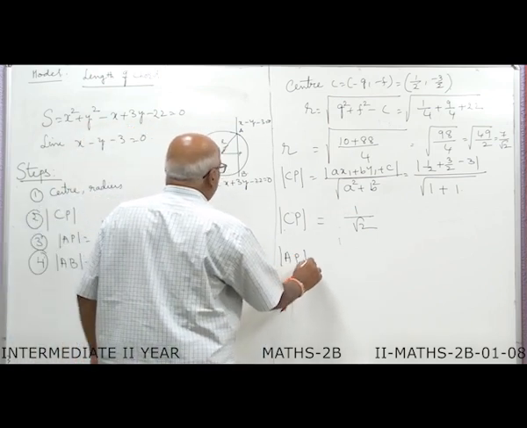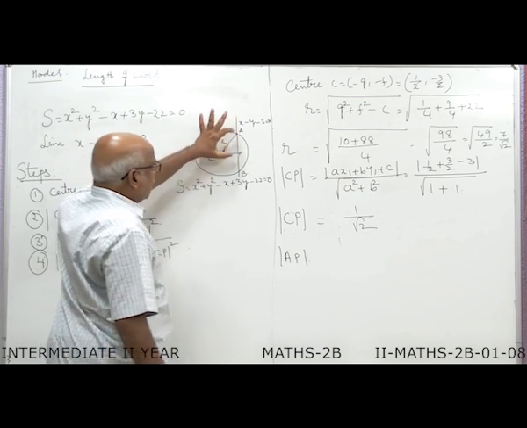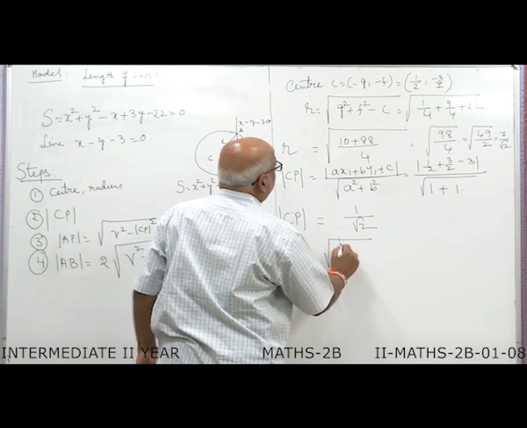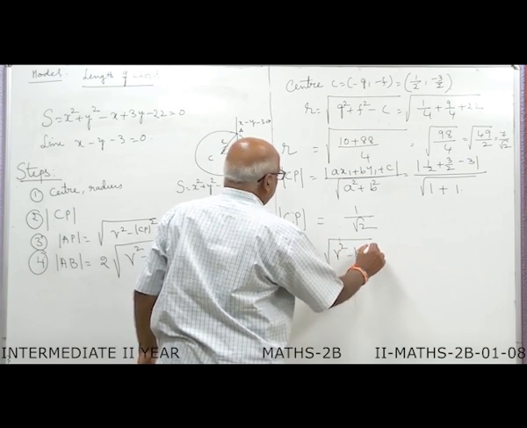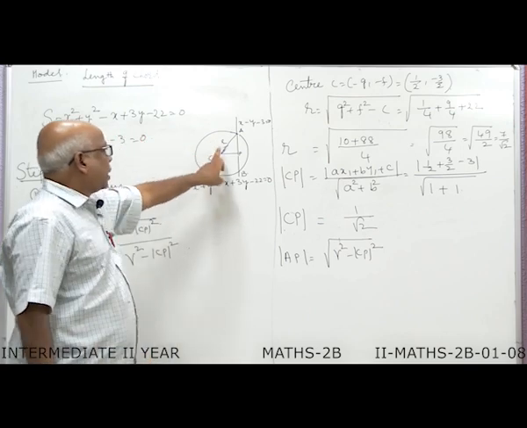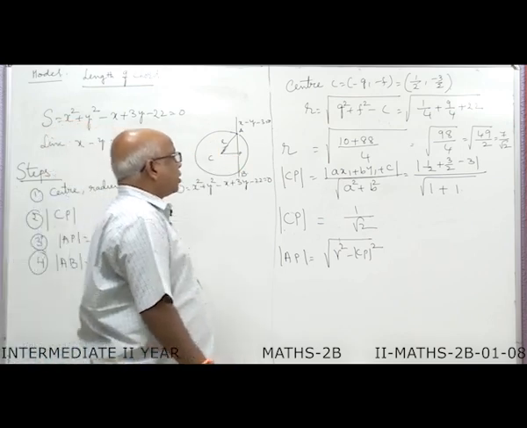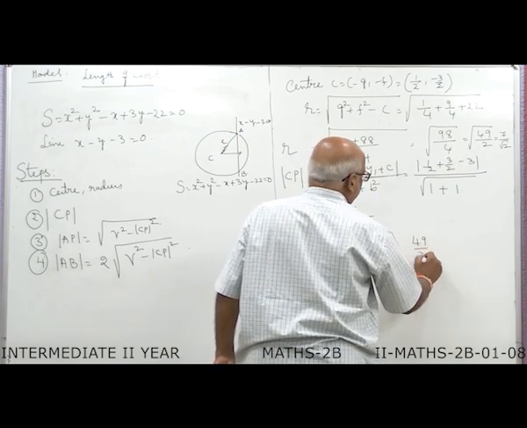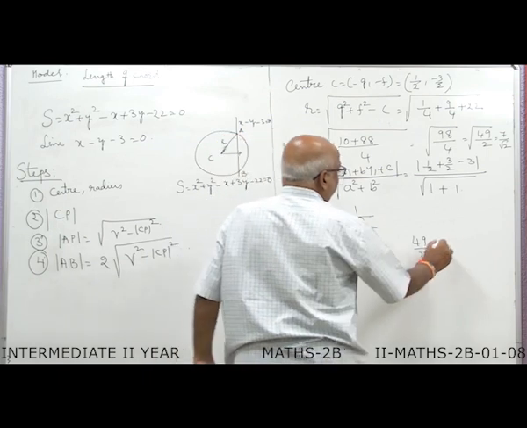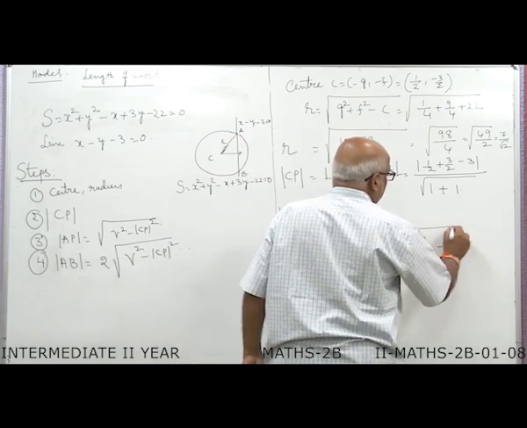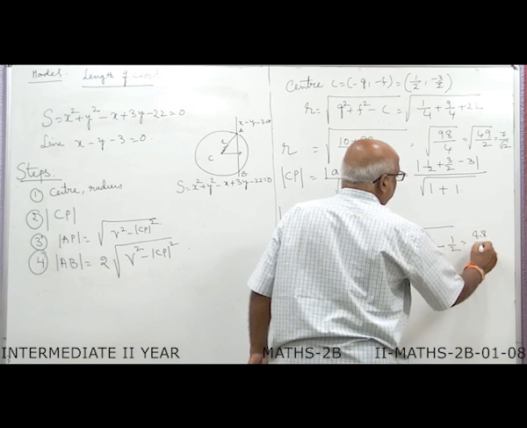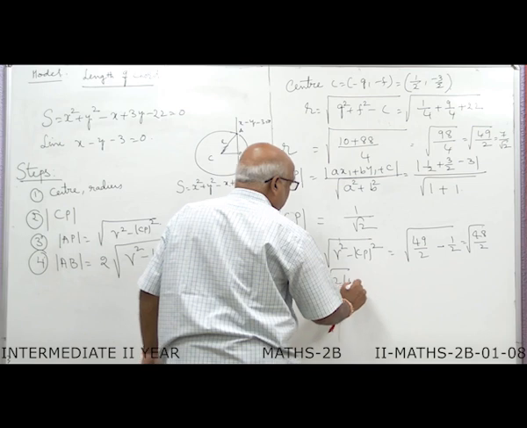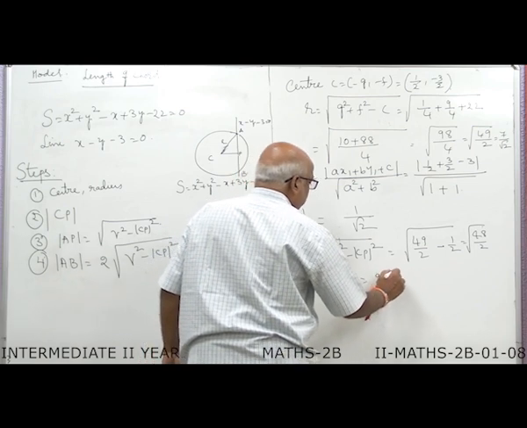Modulus of AP, what is meant by AP? This part. By using Pythagoras theorem, root of R square minus CP square. R is the hypotenuse and CP is one side. What is R square, sir? Here we got 49 by 2 minus CP square 1 by 2. 48 by 2 after simplification root 24, that is 2 root 6.